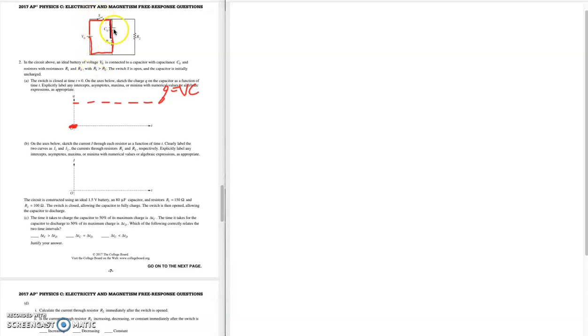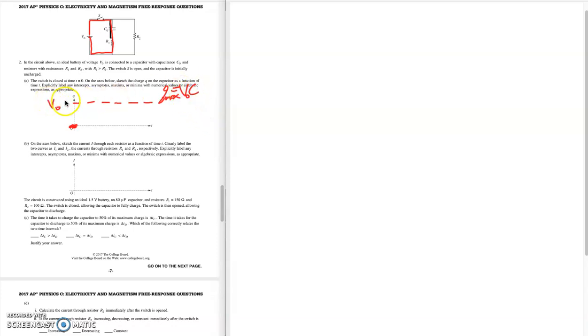So as the current goes to 0, that means the voltage drop across the resistor will go to 0, and all of the voltage drop in this branch will be on the capacitor. So for this branch and that capacitor, the maximum charge on there is going to be the battery voltage times the capacitance.